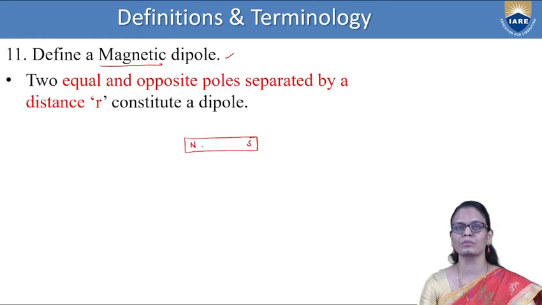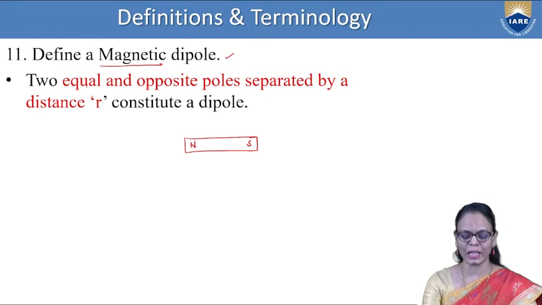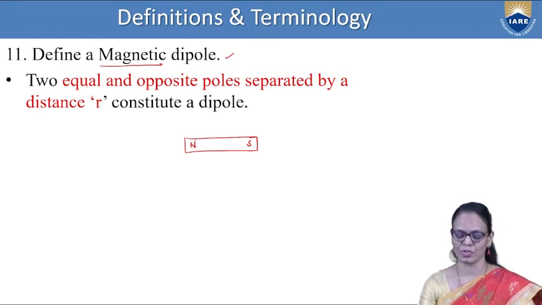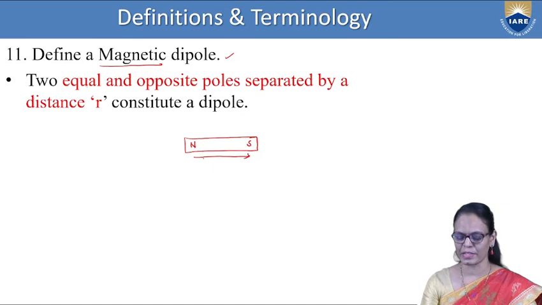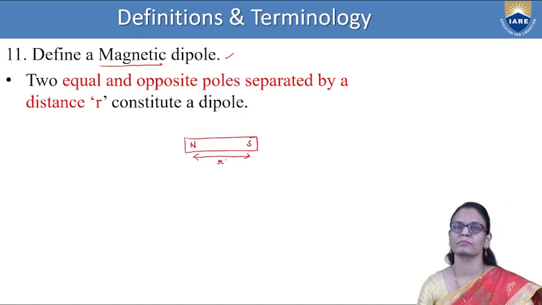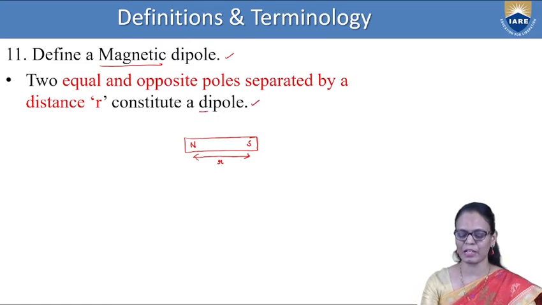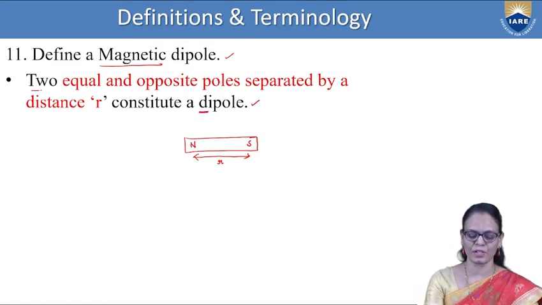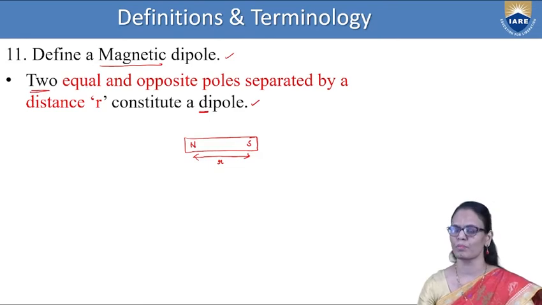They are opposite in nature, and equal, meaning the magnitude is equal, and they are separated by a distance r. That constitutes a dipole. Di means always two, so we are considering two equal and opposite poles.